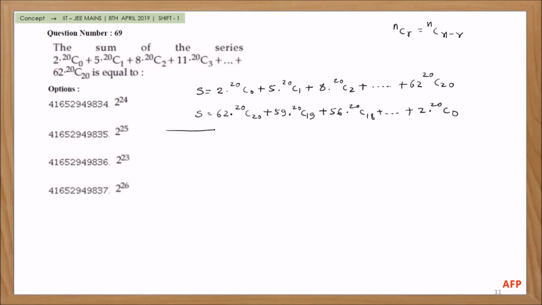So now we will add this series. If you add this series, 2S equals, here 64, here also 64, you are getting 64 everywhere.